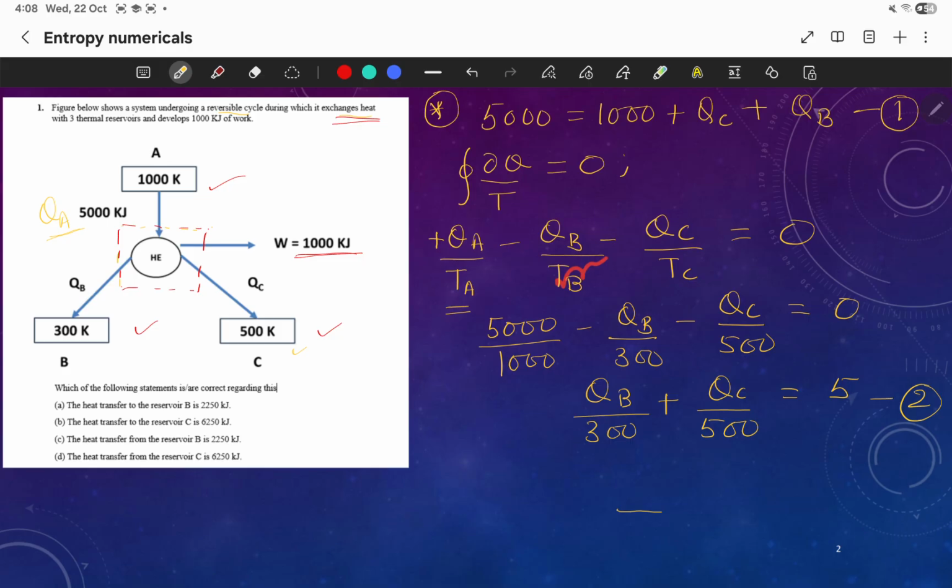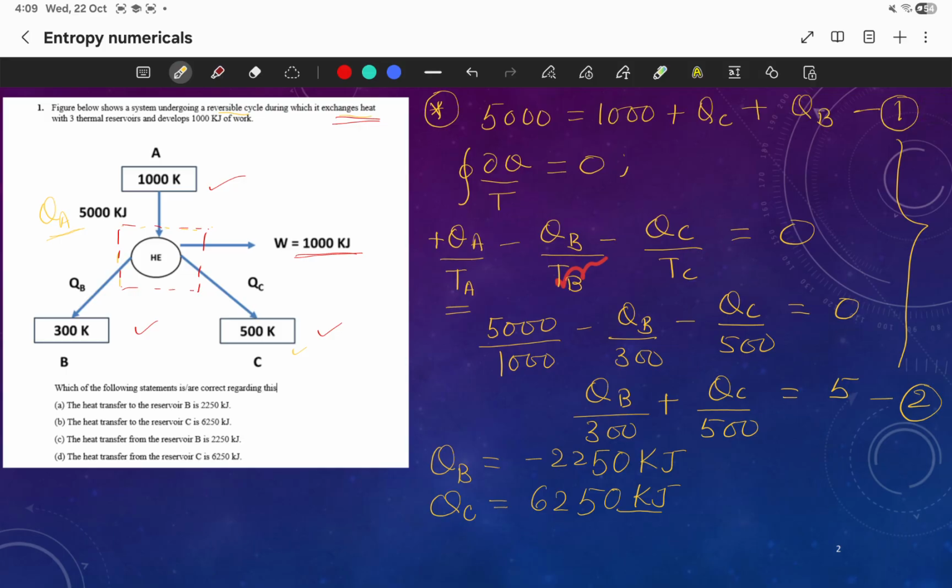Now just solve these two equations, equation number 1 and equation number 2. We will get QB equals minus 2250 kilojoules and QC equals 6250 kilojoules.